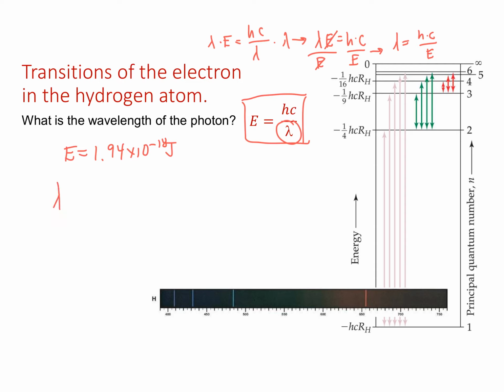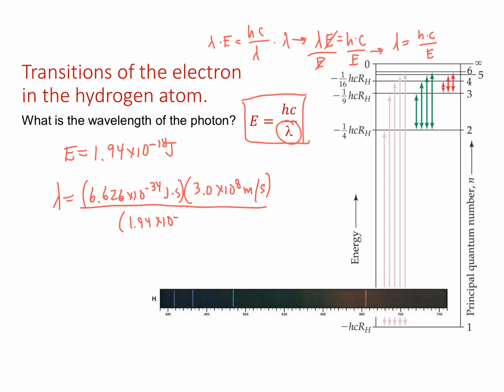So what is the wavelength of light? Well, Planck's constant, 6.626 times 10 to the minus 34 joules times seconds, times the speed of light, which is 3 times 10 to the 8th meters per second, all over the energy that I just found, 1.94 times 10 to the minus 18 joules.